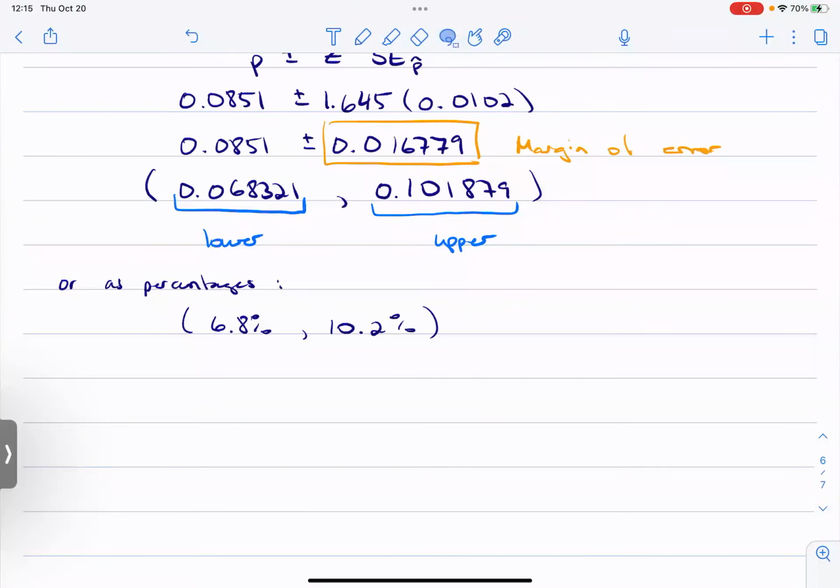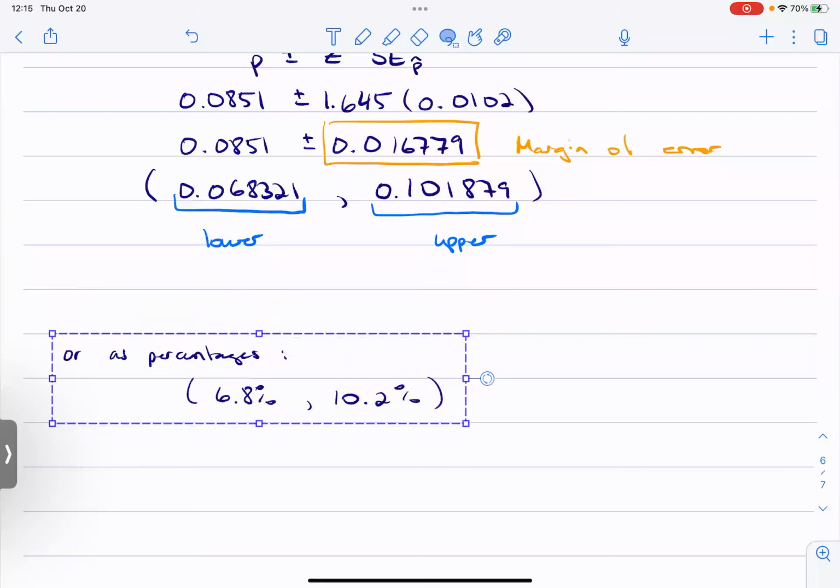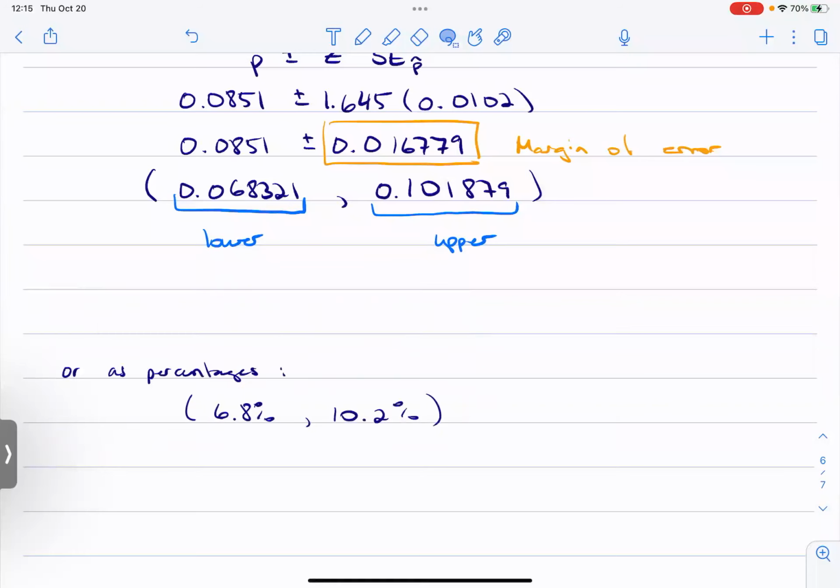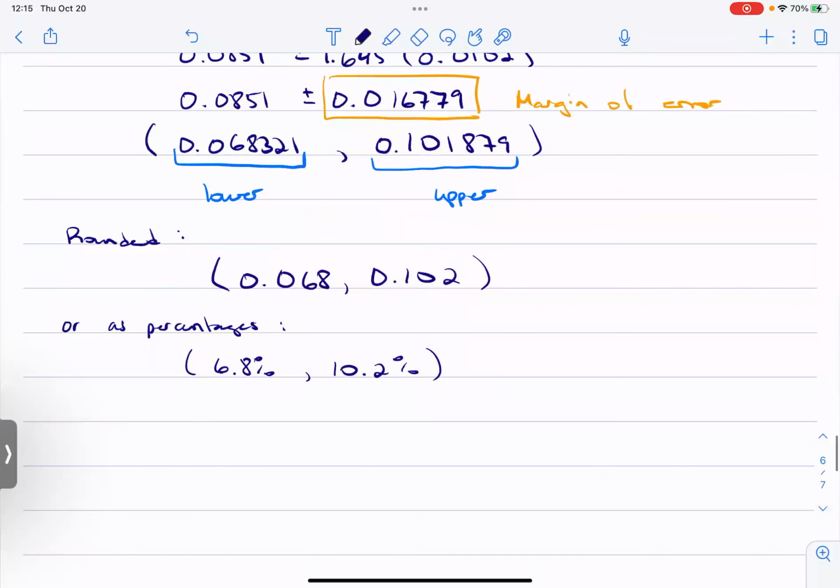Or maybe I'll just do the rounded proportions: between 0.068 up to 0.102, rounded to 3 decimal places. Okay.